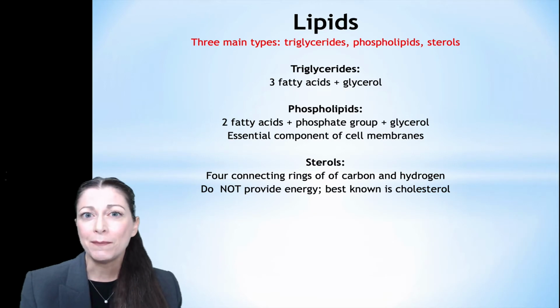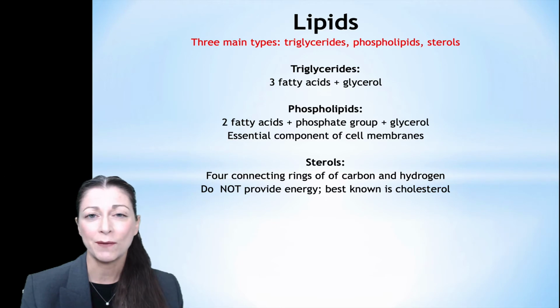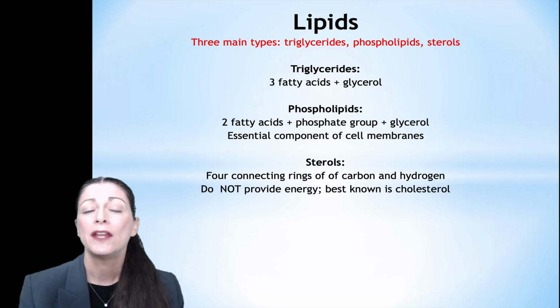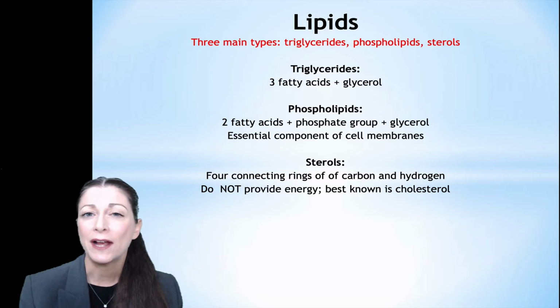There are 3 main types of lipids, and we look at them by their structure. That's their shape, their molecular shape. There are triglycerides, phospholipids, and sterols, and each of these perform different functions in the body. Triglycerides are composed of 3 fatty acids plus a glycerol.